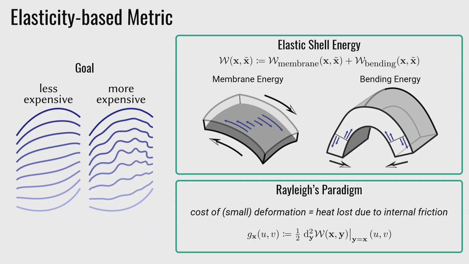And how this translates into math is that my metric on my tangent vectors is the Hessian of my elastic energy at the rest configuration. You see over here, y is equal to x. So I look at the elastic energy at the rest configuration and take the Hessian, which is positive definite, so it gives you a valid scalar product. And this gives you the metric.